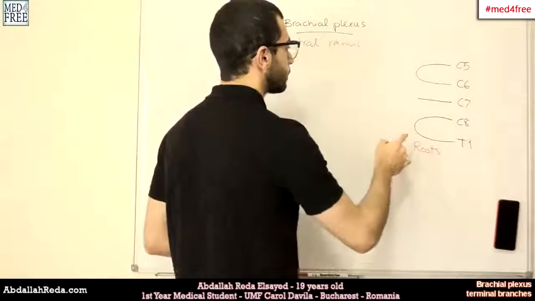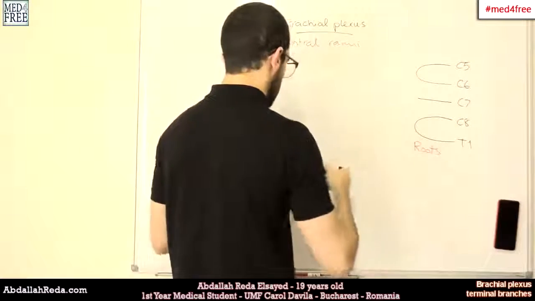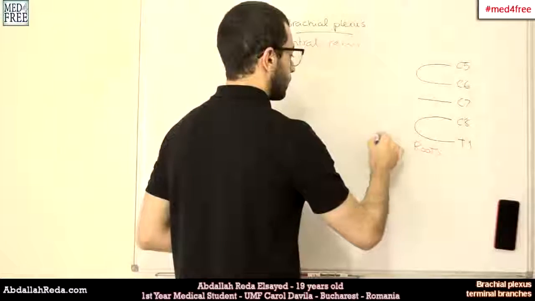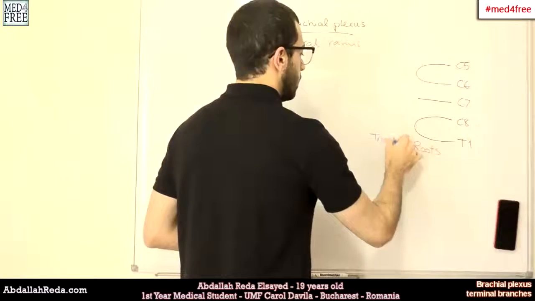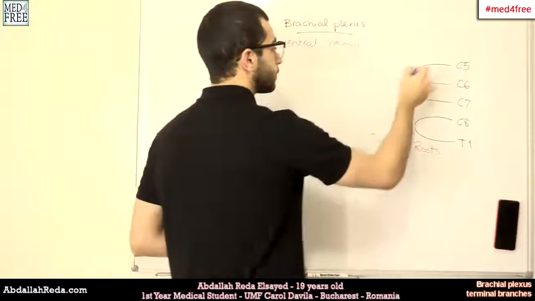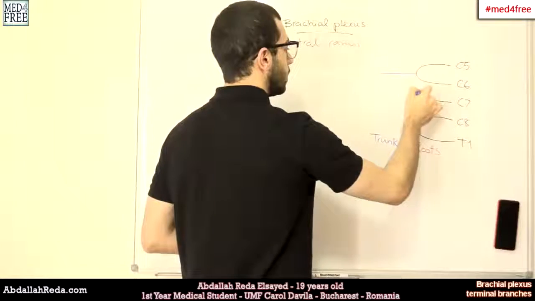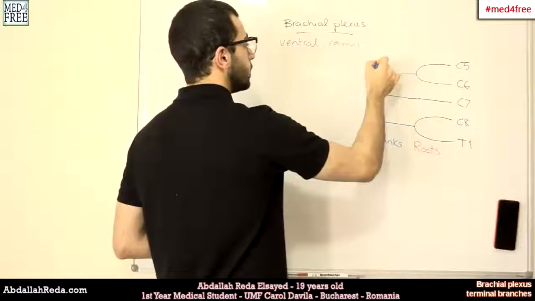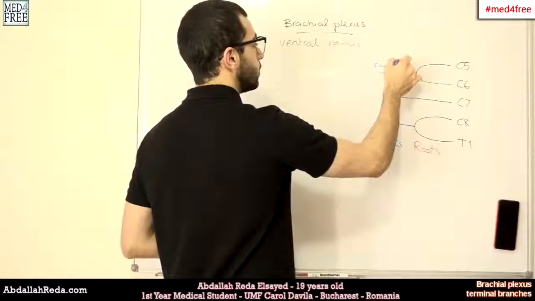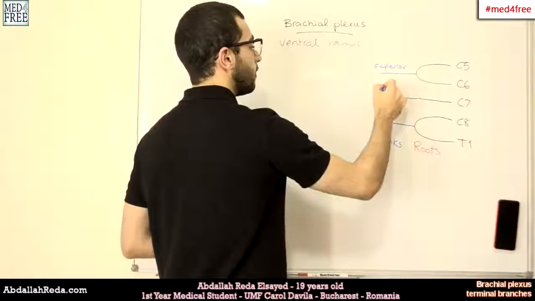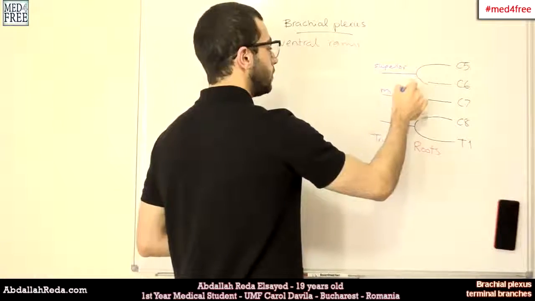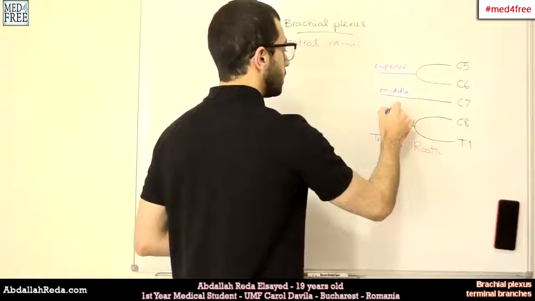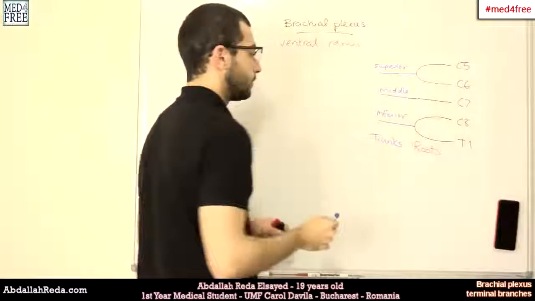These roots will lead to the formation of trunks. So we will have three trunks. We will have a superior trunk, we will have a middle trunk, and we will have an inferior trunk.